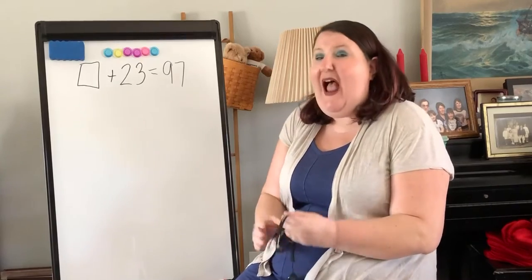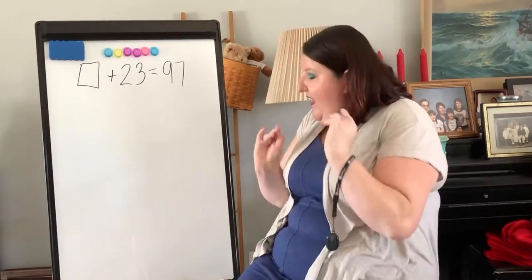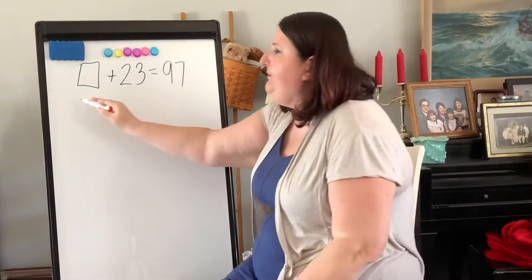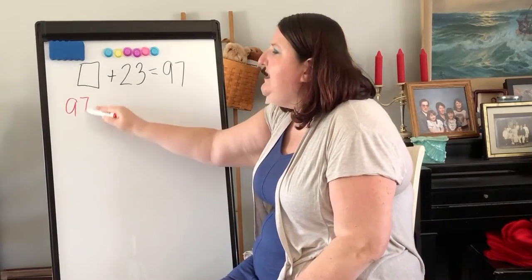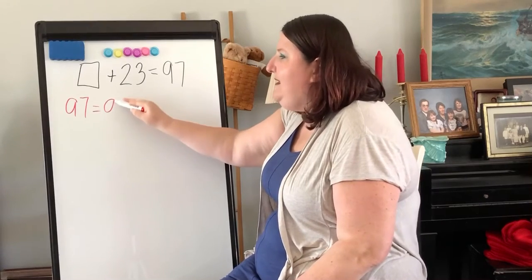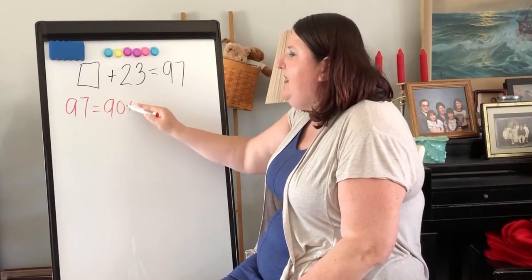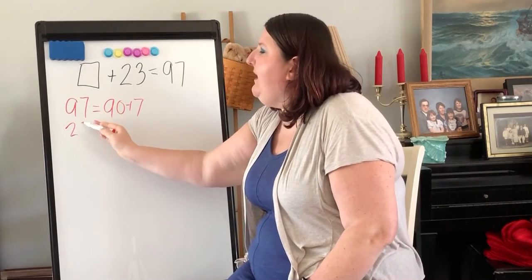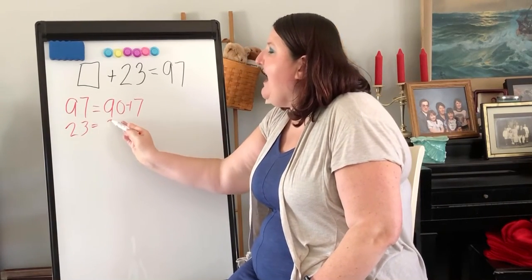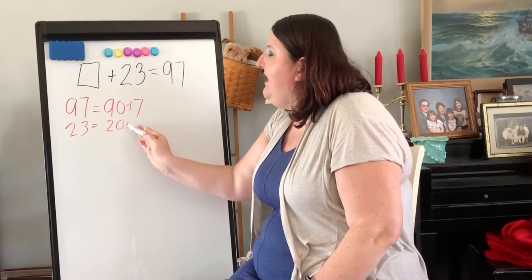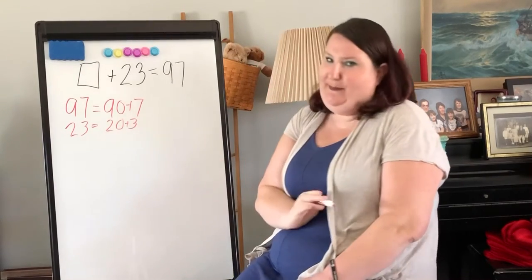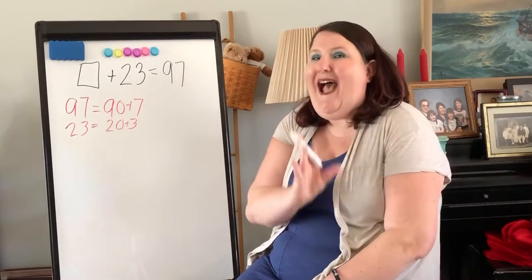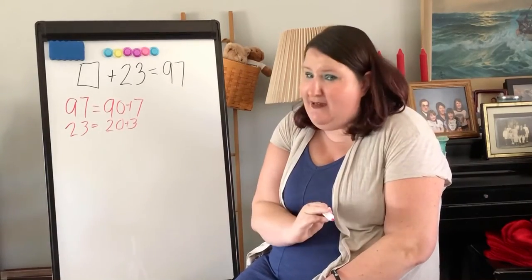So once again, I am going to start with expanded form. So 97 is the same as 90 and 7. 23 is the same as 20 and 3. This time, boys and girls, we have to subtract.